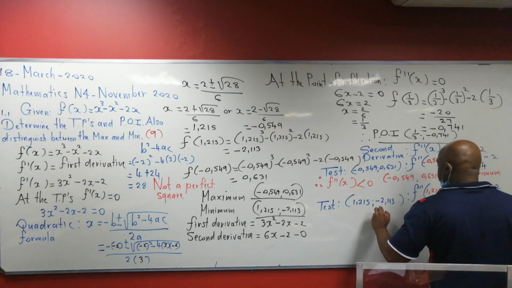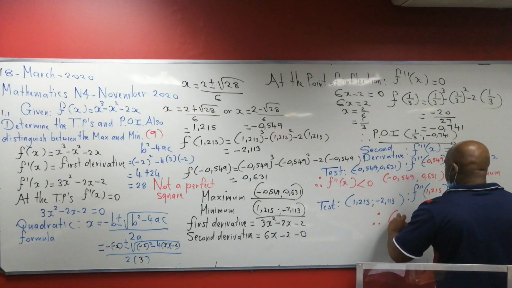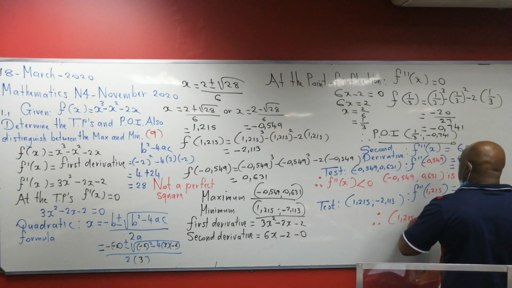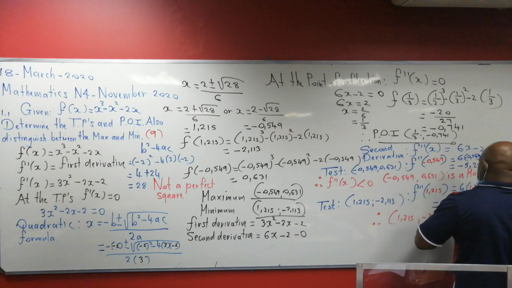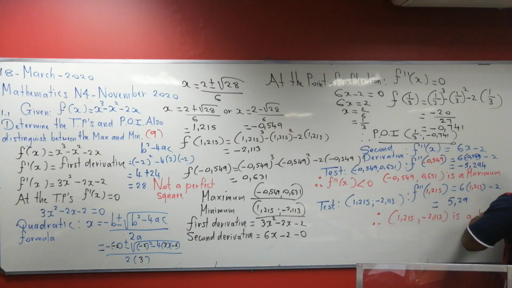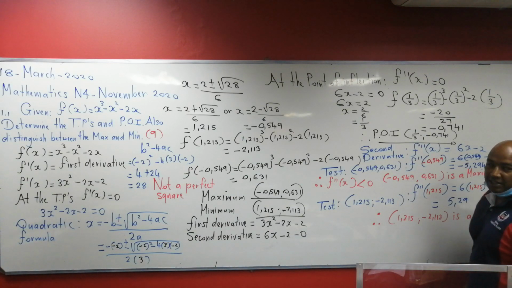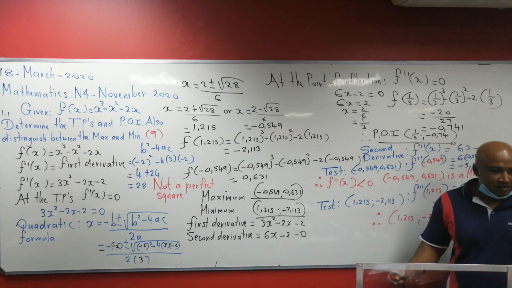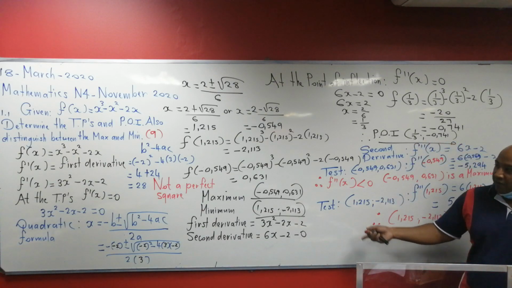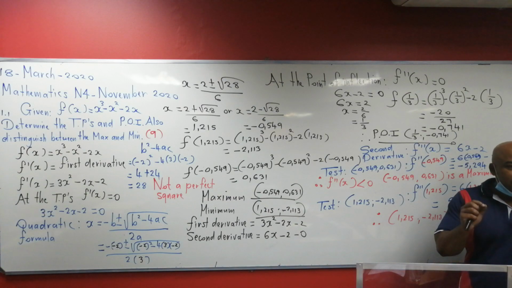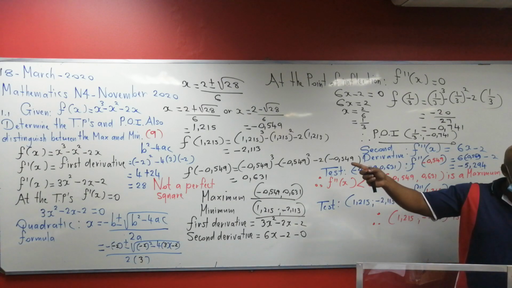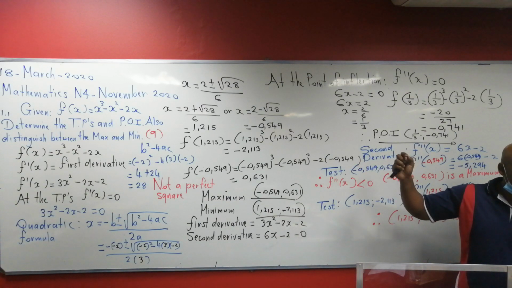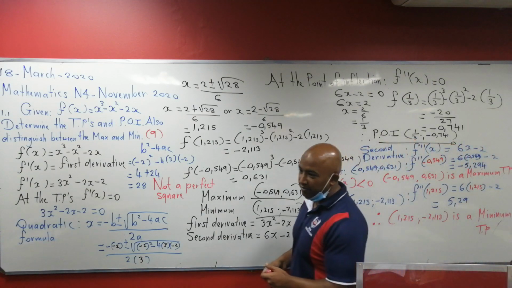So therefore, 1,215 minus 2,113 is a minimum. A lot of writing to do, but nothing difficult, nothing that you cannot do. Everything here you can work out easily, but make sure you don't make any silly mistakes. This is 9 marks, easy 9 marks.